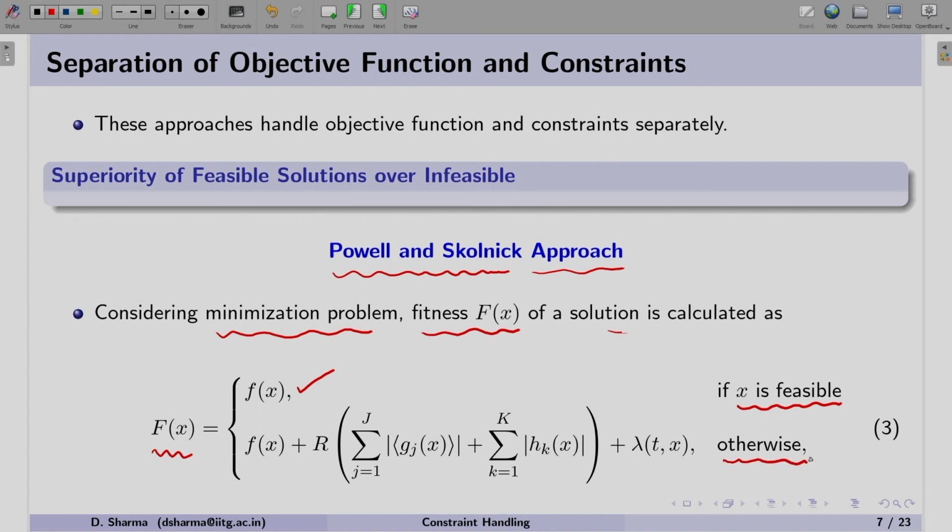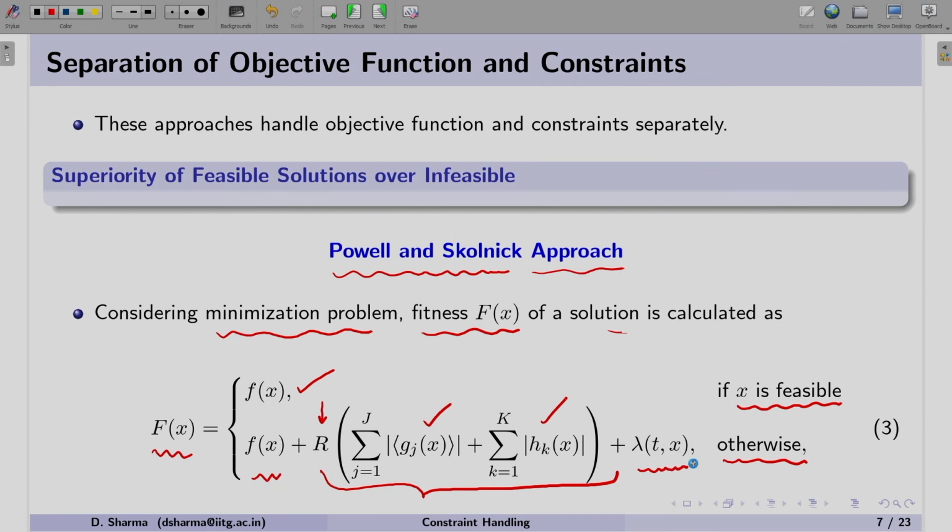Otherwise, when the solution is infeasible, we have the objective function, then this particular term, where r is the penalty parameter, and the terms inside this big bracket represent the constraint violation. At the end, we are adding lambda t x.